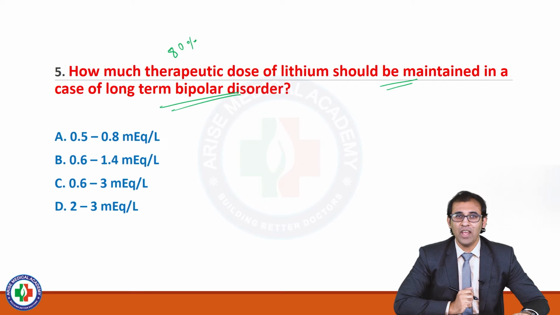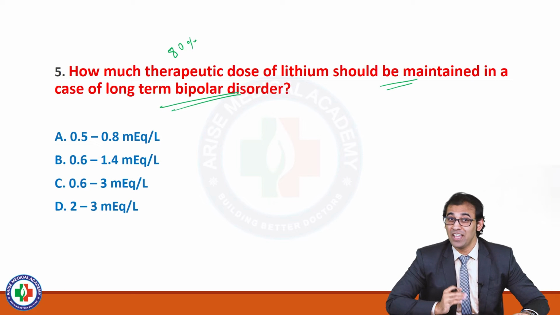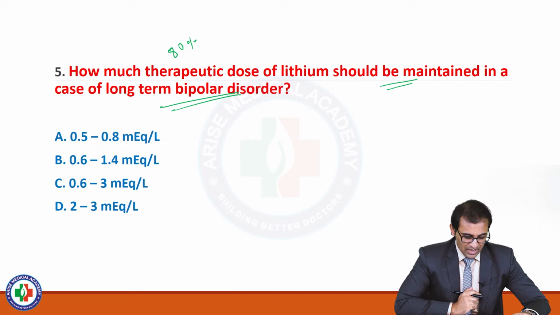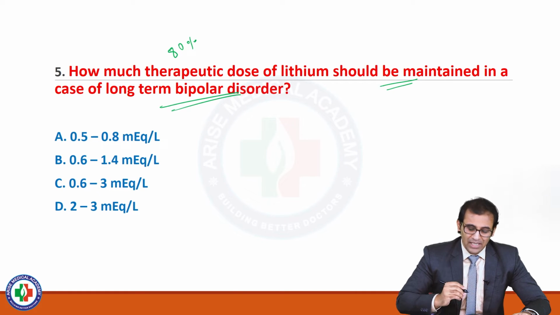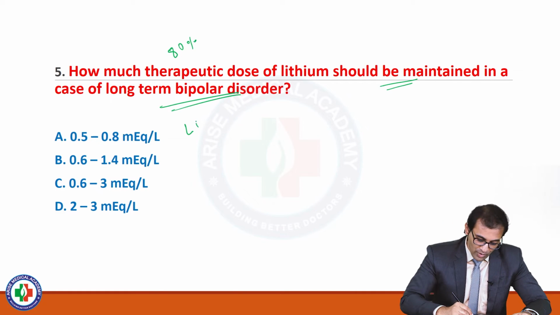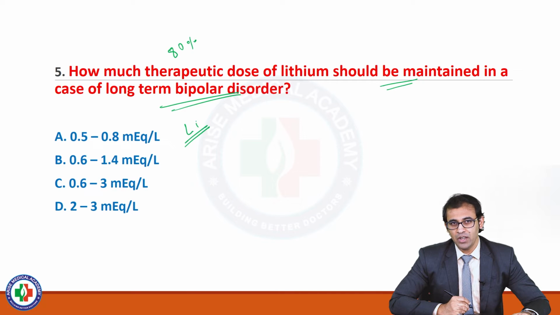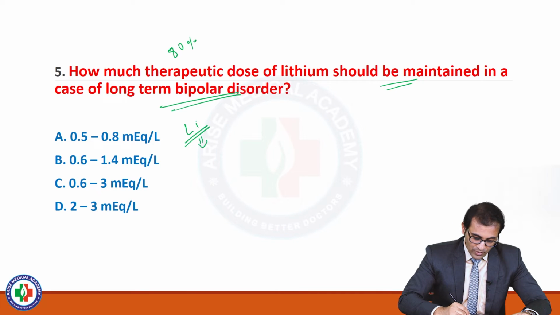In the same manner, which antipsychotic drug can decrease suicidal tendency in a patient? Clozapine. Remember that. Now we know that lithium is a toxic drug, so whenever we give lithium to a patient, we should always be careful. We have to do TDM.